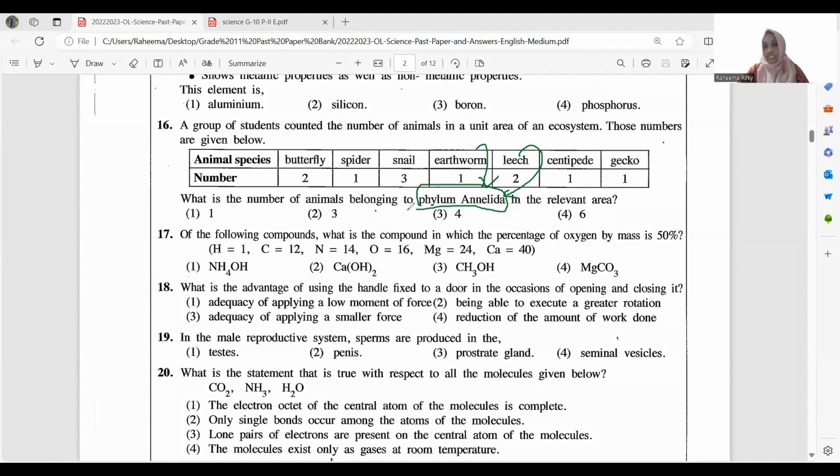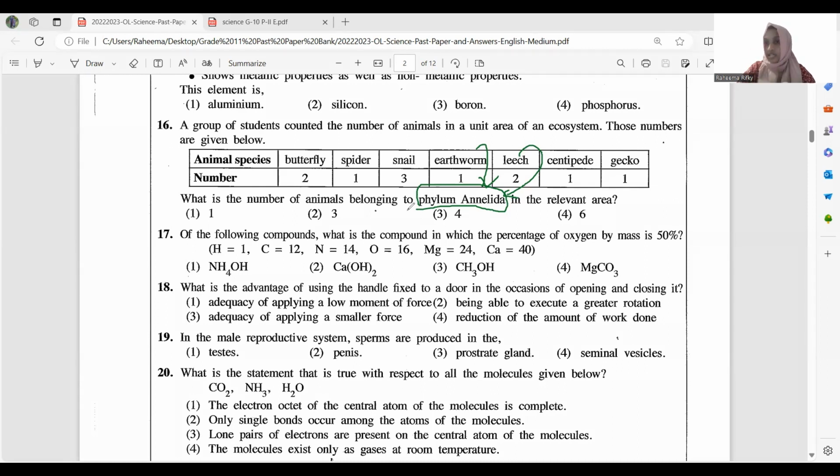Your textbooks have the pictures and some examples under each phylum. These phyla are divided into vertebrates and invertebrates, and there is a set of phyla for each. In this table, it's both together, vertebrates and invertebrates, but we are considering only the phylum name here. So keep in touch with those examples.